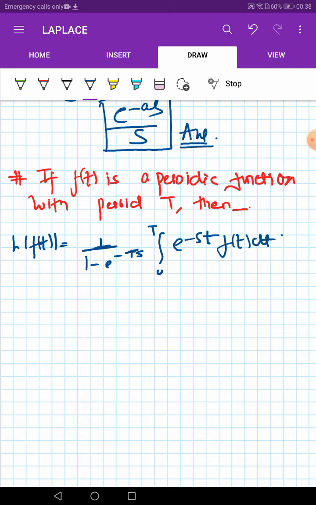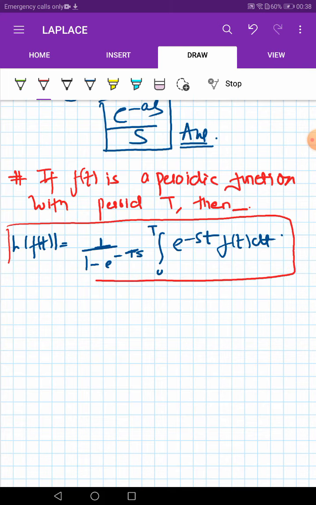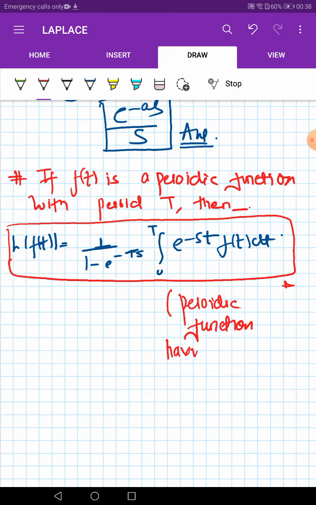So this formula you have to remember. This is the formula for periodic functions having period T.